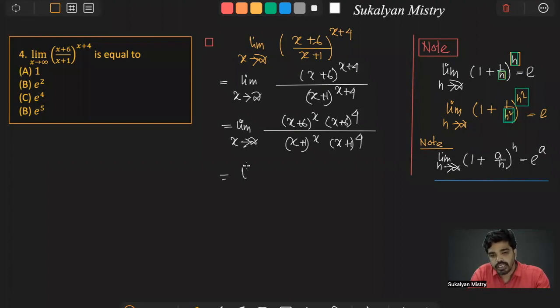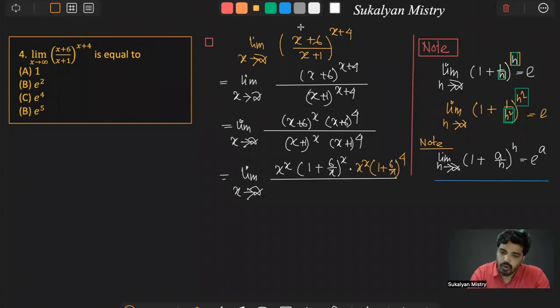এবার আমি কি করব? Just taking x common, so limit x tending to infinity, x common নিচ্ছি, so x^x into (1 + 6/x)^x. From this taking x common, so x^4 into (1 + 6/x)^4. Similarly, denominator থেকে তুমি x common নাও, so x^x into (1 + 1/x)^x.